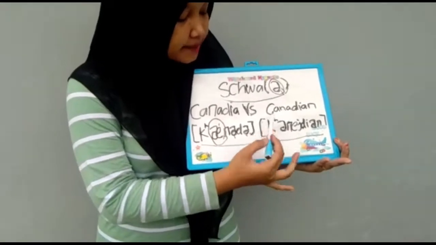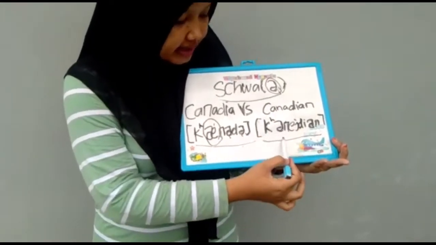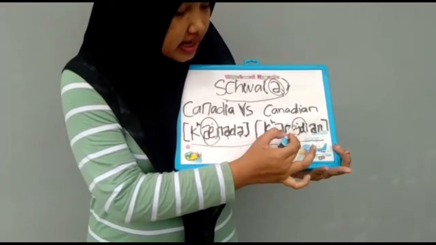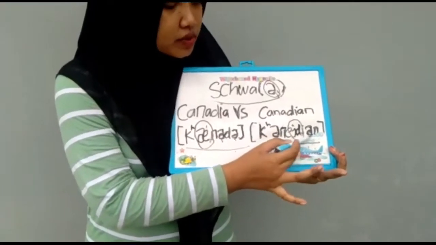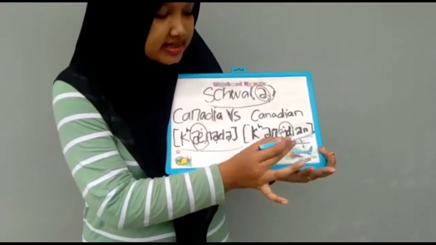Next, the phonetic transcription of Canadian is like this, and this vowel is stressed, and the schwa in here is unstressed. So I think that's all about my material, and I hope you understand about that.